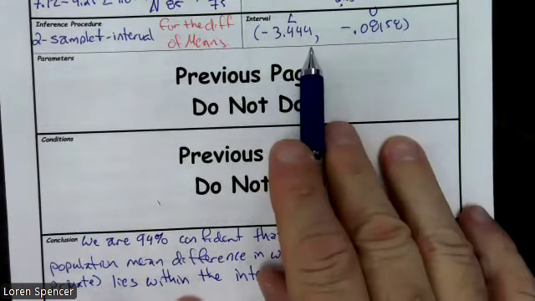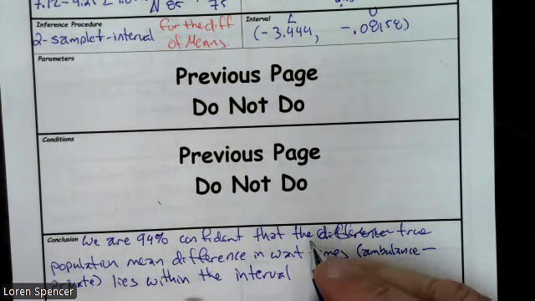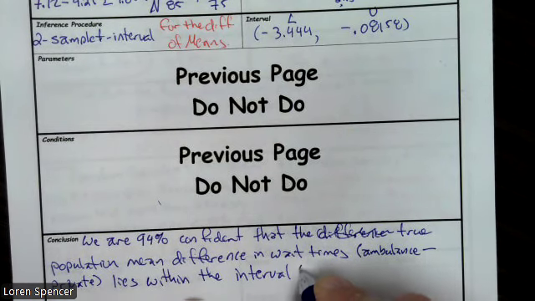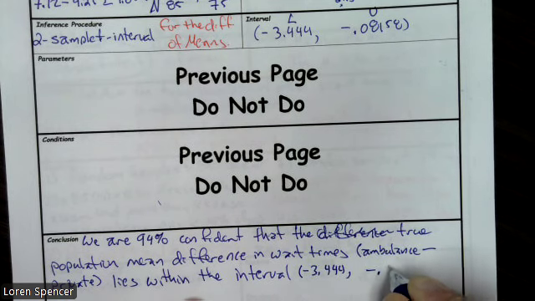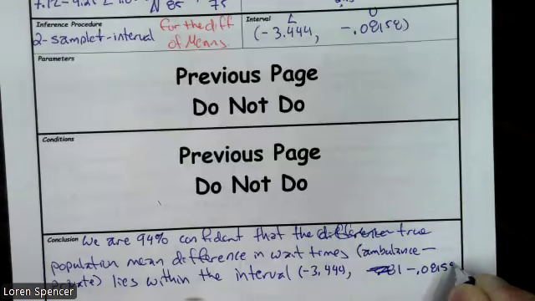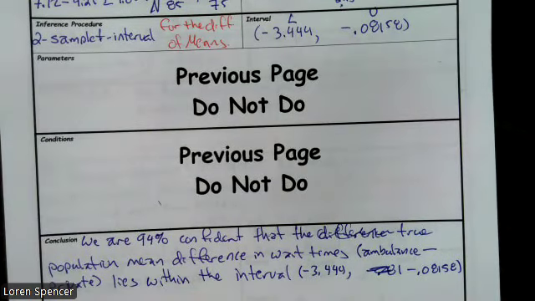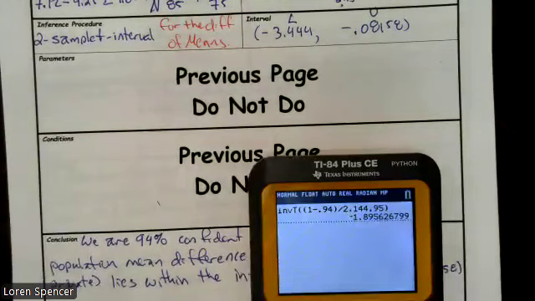And we calculated the interval earlier: negative 3.444, comma, negative 0.08158. Make sure that I have that right.